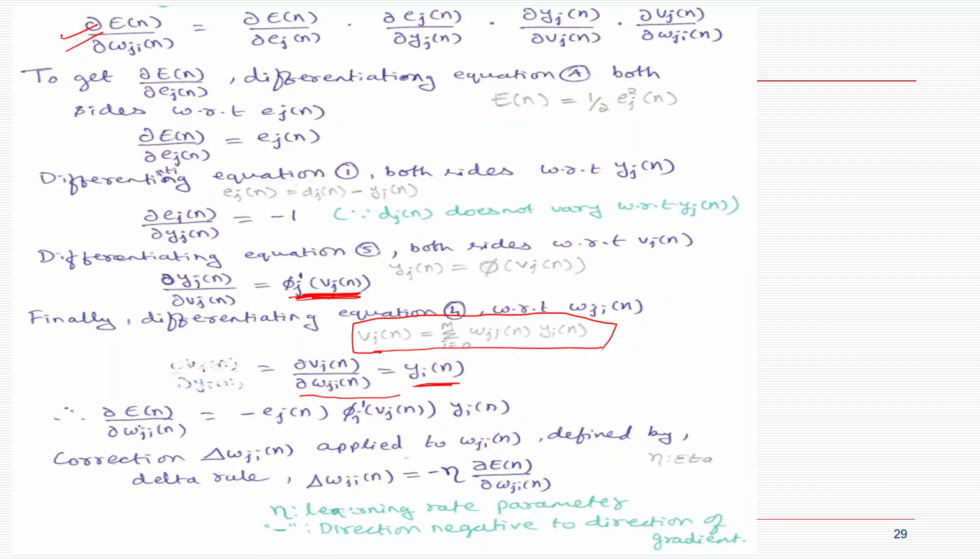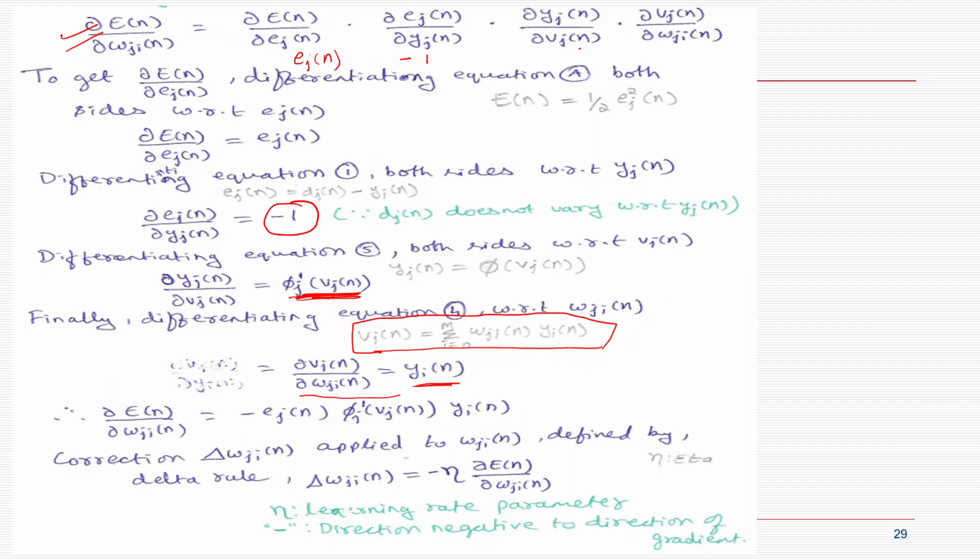And now the whole term, dou E of n by dou Wji of n, is minus Ej of n, because this is minus from here. We are substituting in this main equation. This is our minus 1, and this differentiation term is Ej of n here.